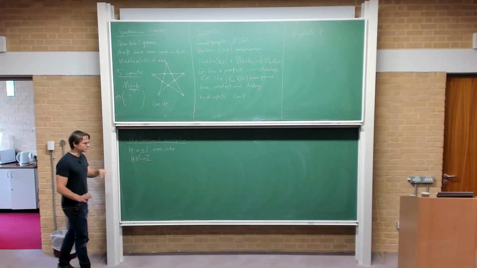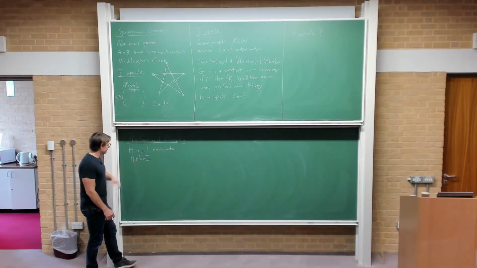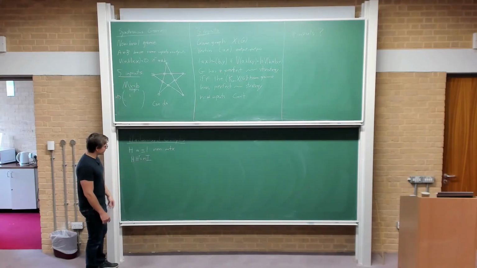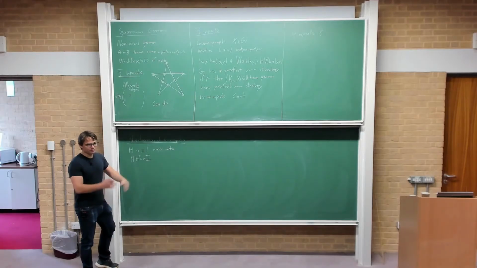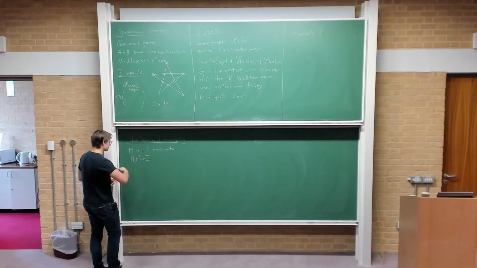Anyways, they're these nice matrices. Of course, they only exist for n equals 1, 2, or n a multiple of 4, and the big conjecture is that for every multiple of 4 they exist. That's wide open, and doesn't really have much to do with this problem.